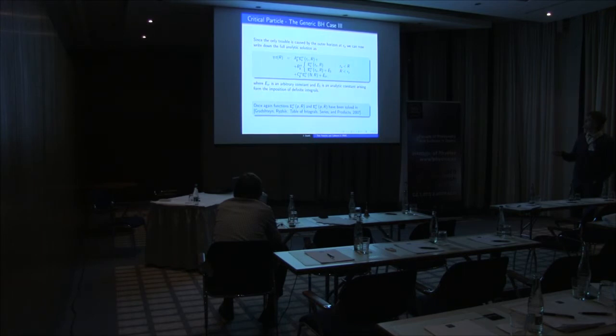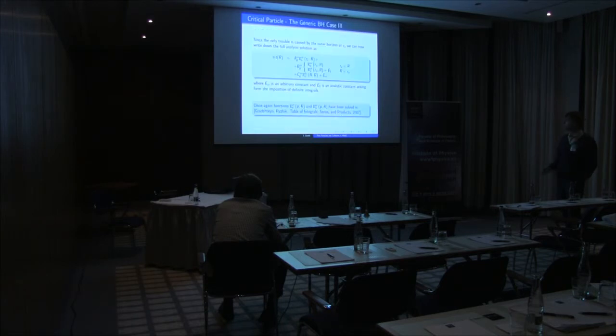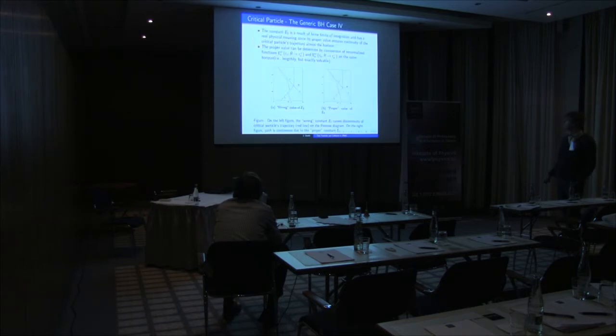So in this case, we use the E0 or EU. The E3 is a constant. It is the price for the finite limits of integration. So once again, this solution can be found in these tables, and the physical meaning of the E3 constant.